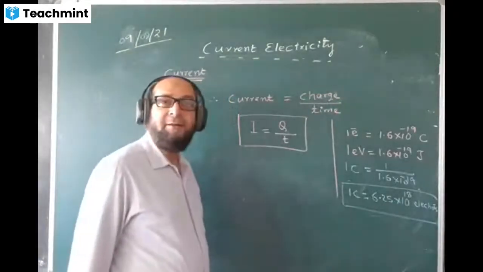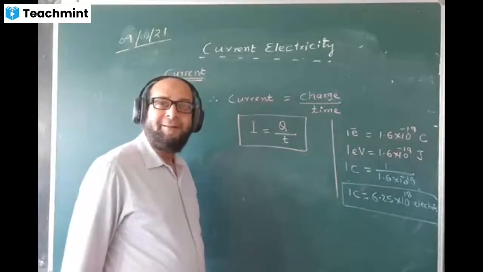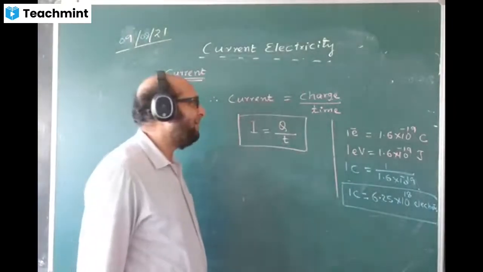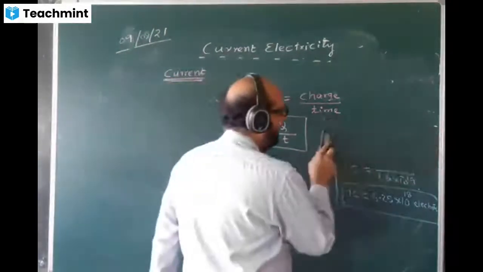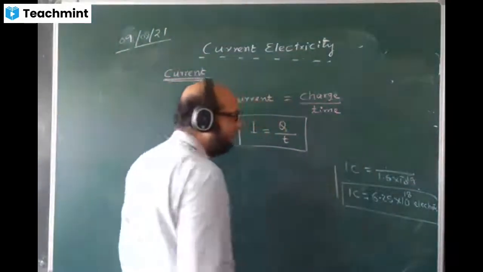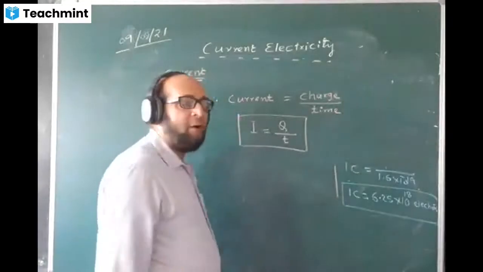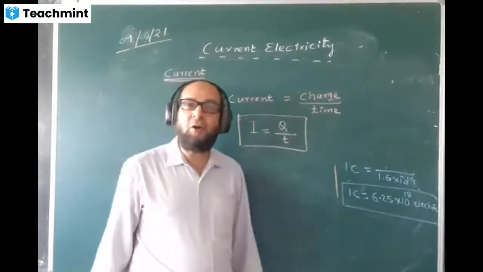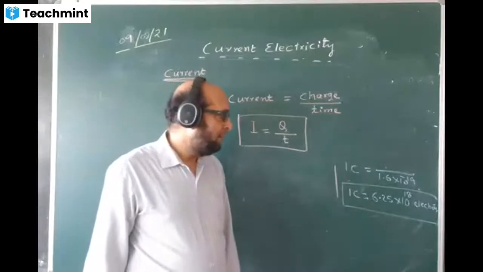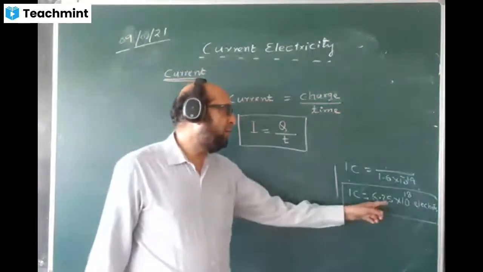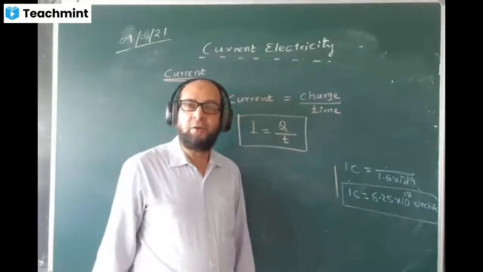Sir, one coulomb is 6.25 into 10 raised to 18, not column. It is coulomb. One coulomb is 6.25 into 10 to the power of 18 electrons.